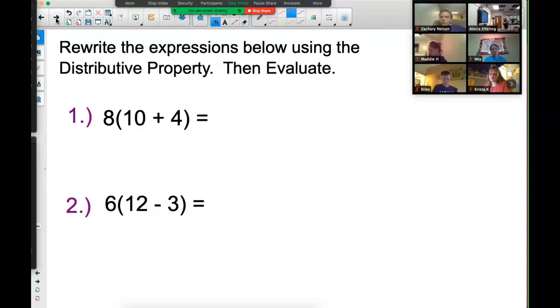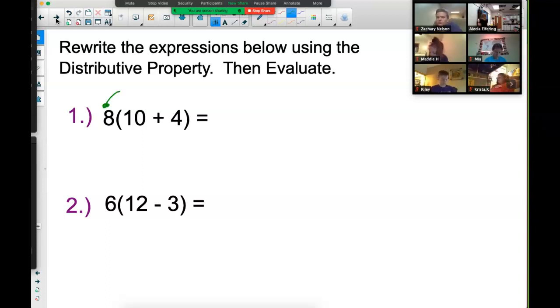And evaluate means find the answer. But you have to use the distributive property. So write the first one in your notes, 8, and then parentheses, 10 plus 4. Which of those numbers is the candy? Hannah? 8. The 8. Okay, the 8's the candy.